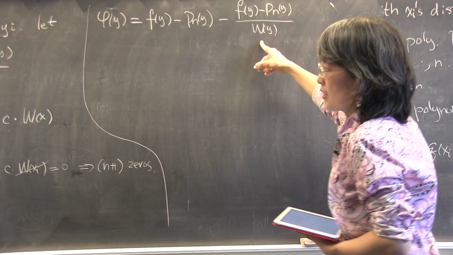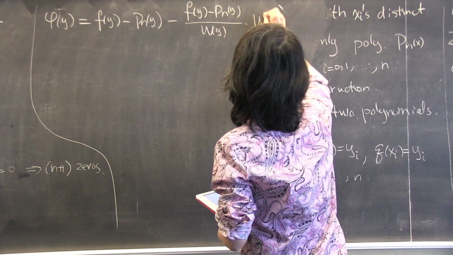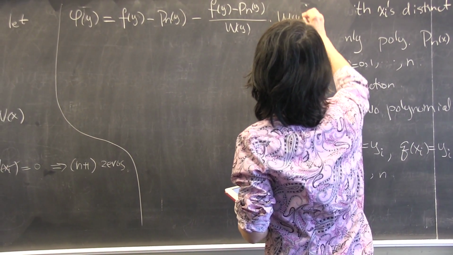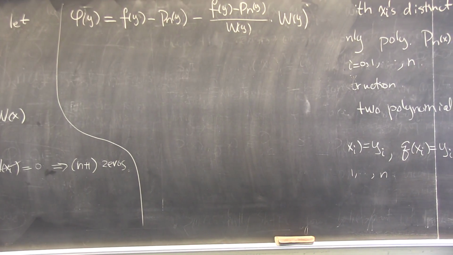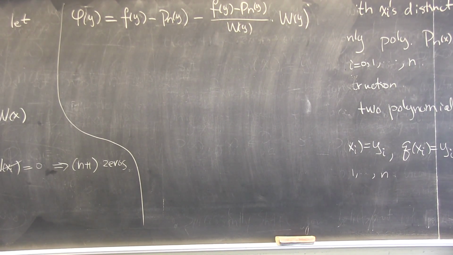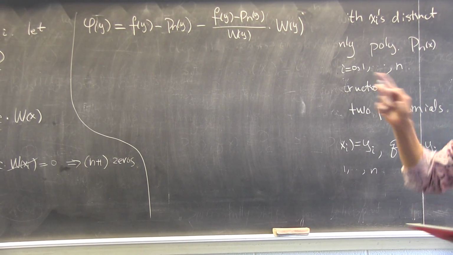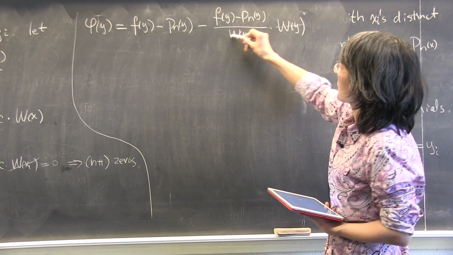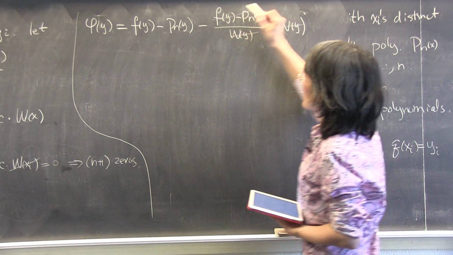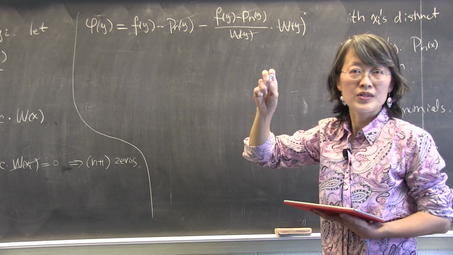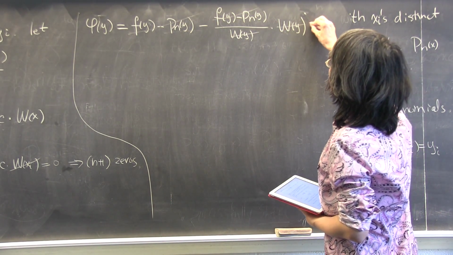So this is the c, okay? Times w, and now evaluate it at y. What do I get? Isn't it 0? It's just all gone. This one cancels that, and then this is the same, so they cancel. Do we see that? I find another 0.